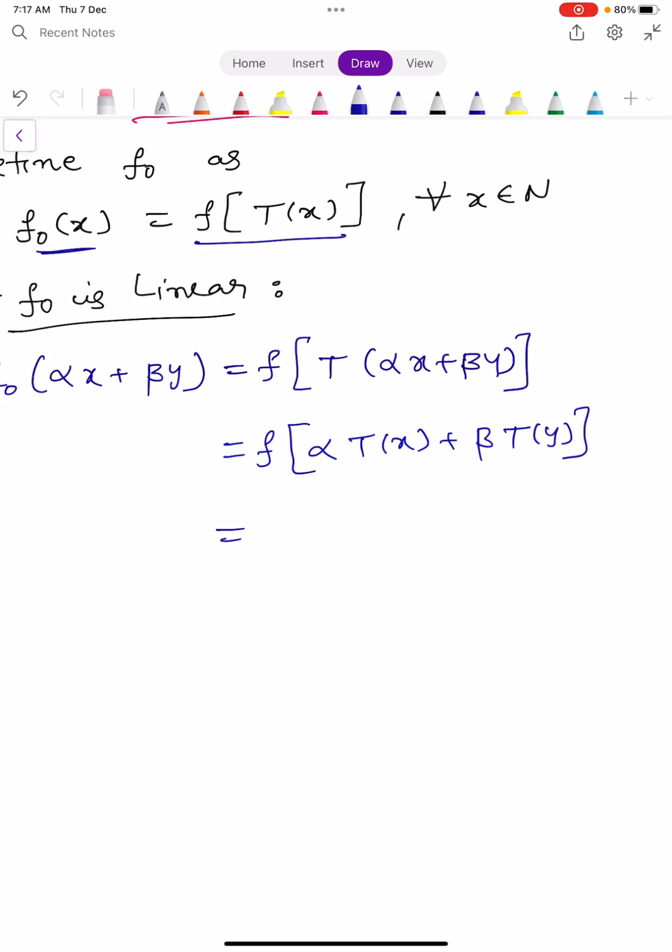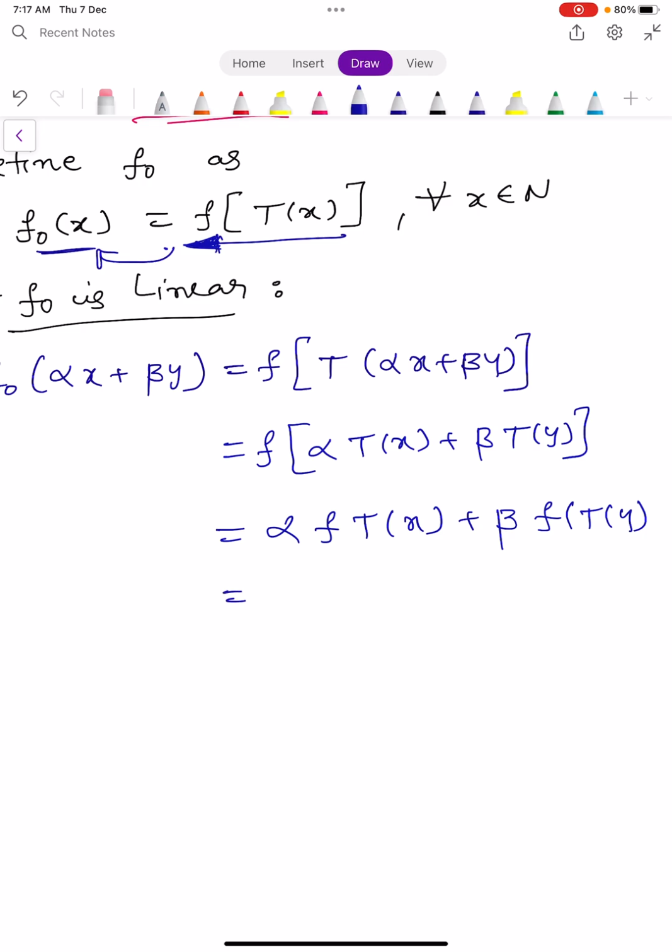Again, f is also a functional, so it can be written as alpha f of T of x plus beta f of T of y. Again, f of T of x can be written as f naught of x.